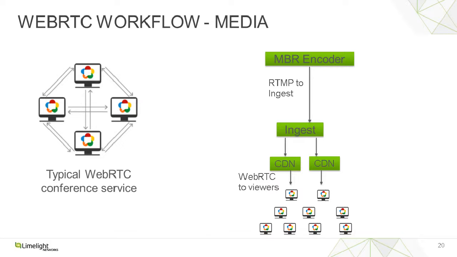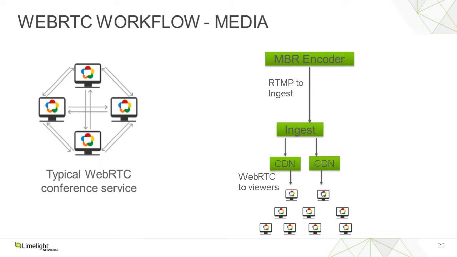On the left, a typical WebRTC workflow is described here. This is what I was saying, with Hangouts-like conferencing where you're working with multiple people. You have multiple cameras on, everybody can see everybody else, and you've got multiple peer-to-peer connections. This was how WebRTC was really initially intended to work, as browser-to-browser video sharing.